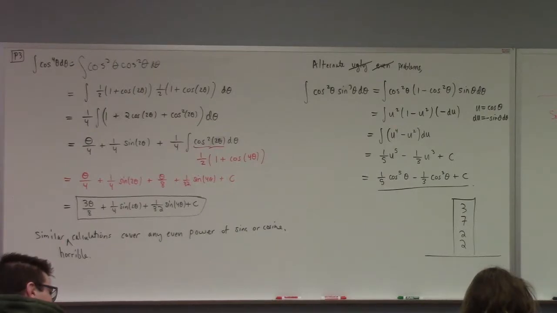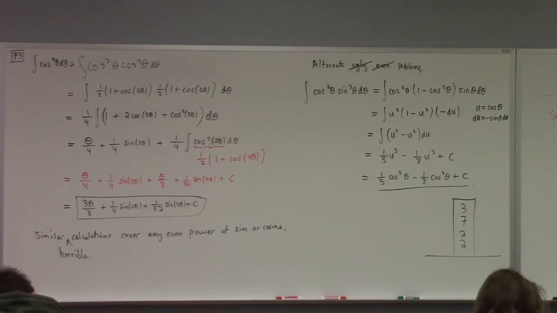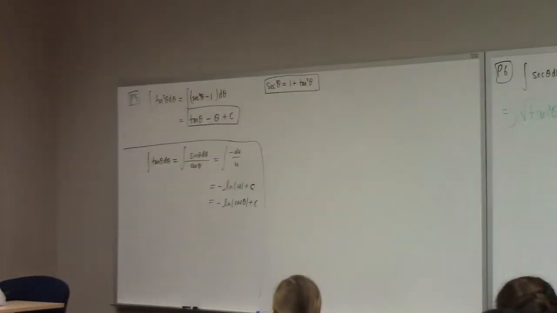So that's sine theta d theta over cosine theta, which is the integral of minus du over u, which is minus the natural log of the absolute value of u plus a constant, which is minus the natural log of the absolute value of cosine theta plus a constant. So just a reminder, we can integrate tangent theta on its lonesome by a u substitution, much as we were doing in about the first half dozen examples today.